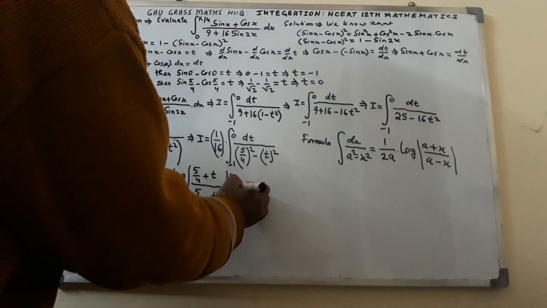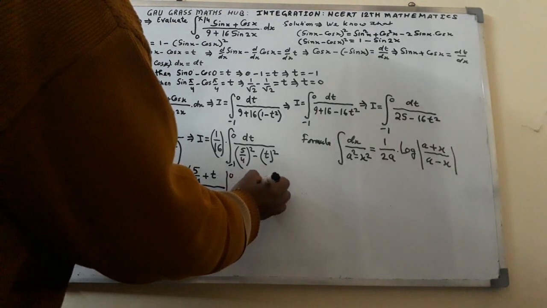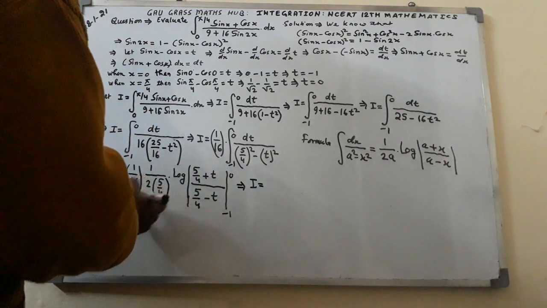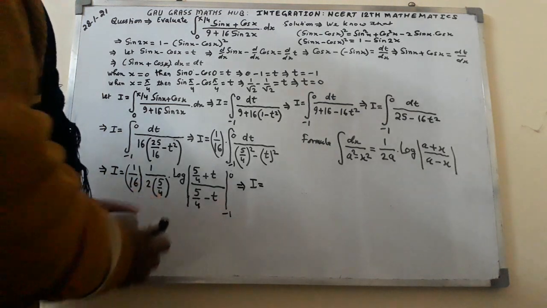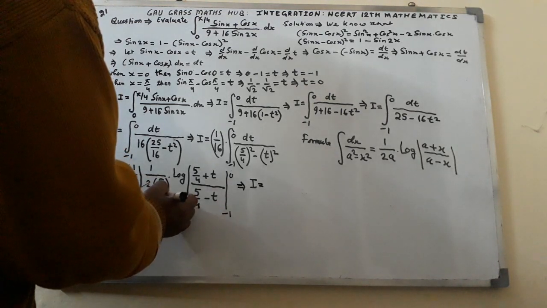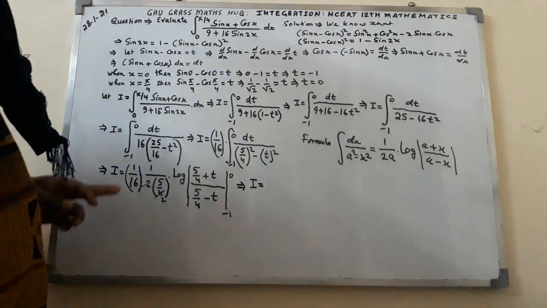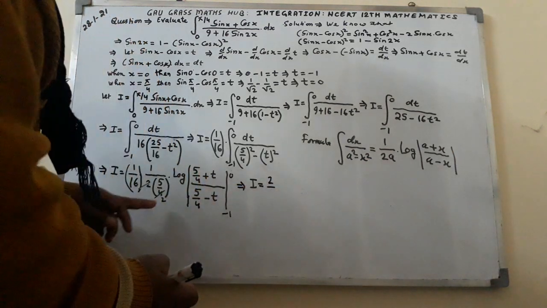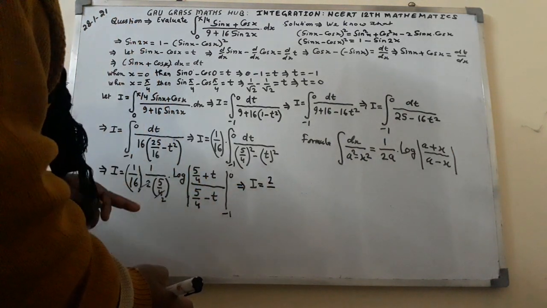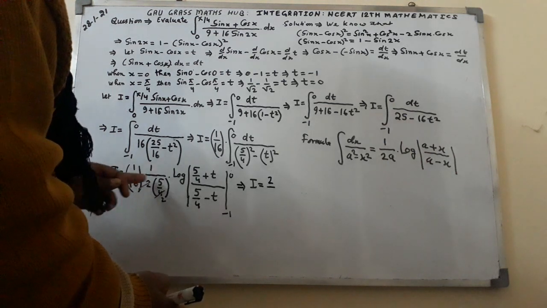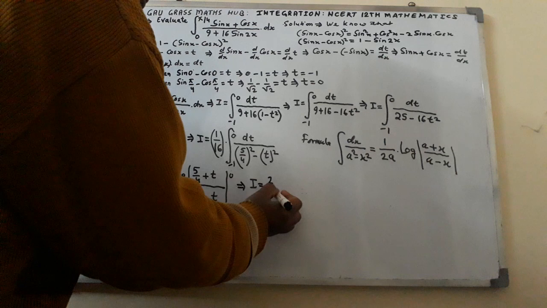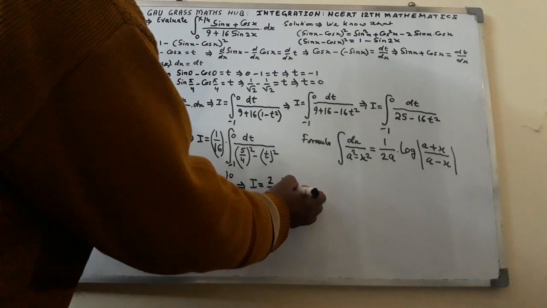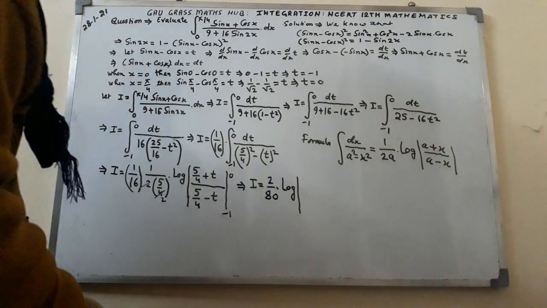Now again I can write very well I equal to, here 2 and 4 will be cancelled, I will get here 2, and this 2 will be put back in the numerator, so we will get here 2 over 16 into 5, that is 80, dot log mod.